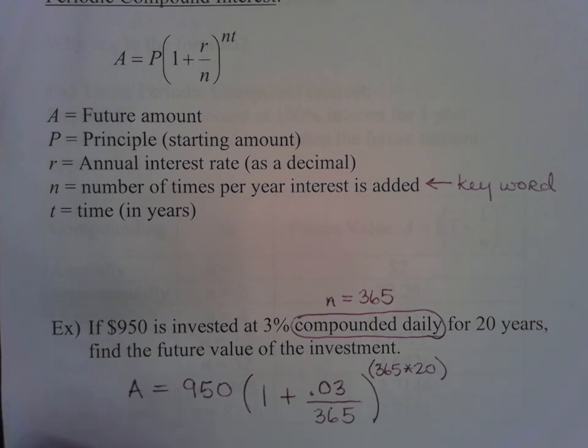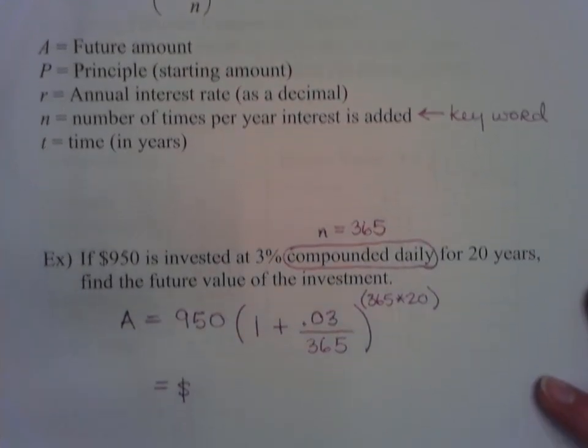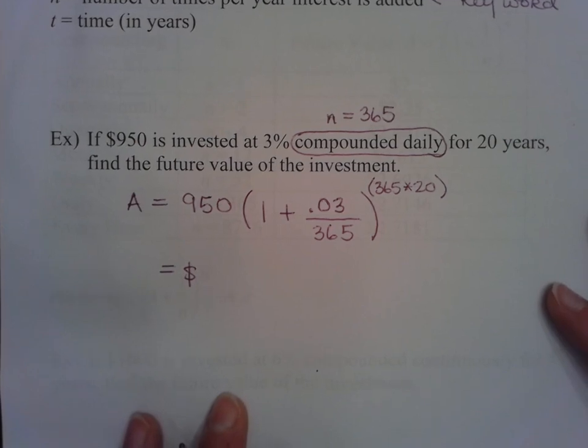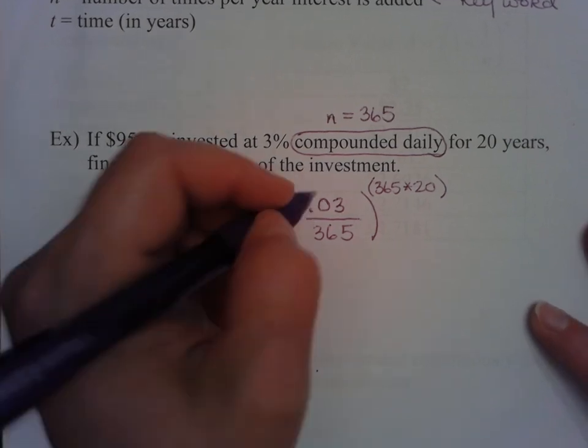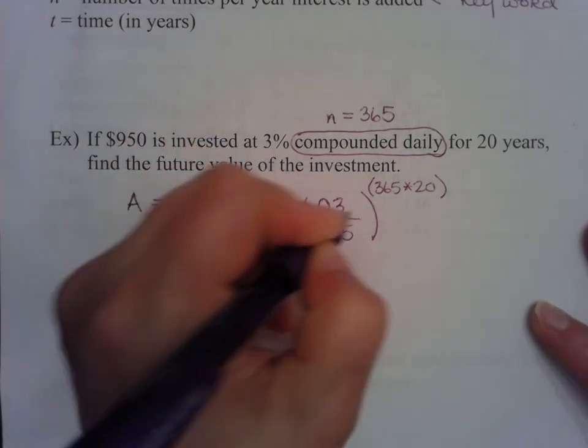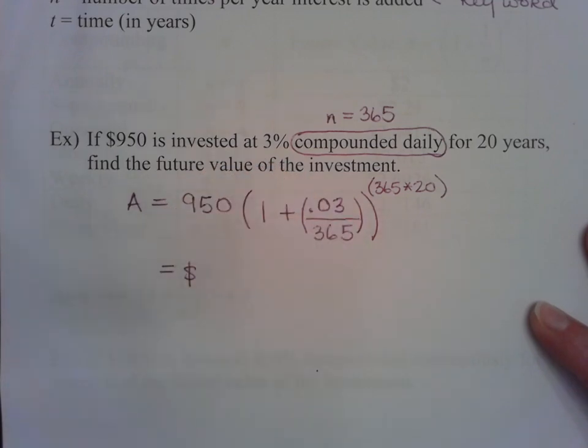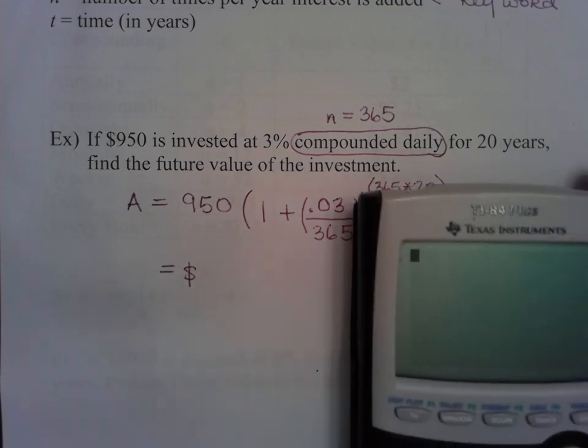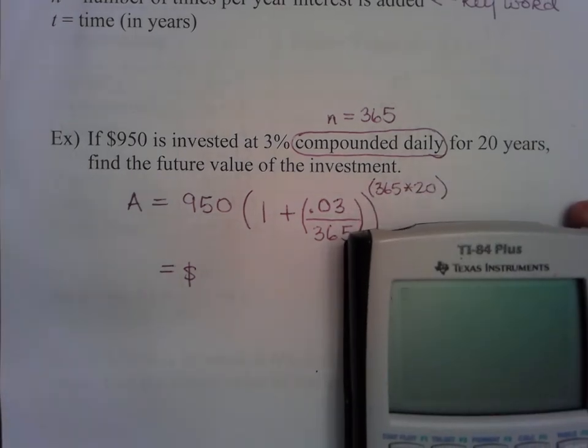Okay, so I want to calculate this. Now your calculators can do this all in one shot if you add enough parentheses. So if you wanted to put it all together in one shot, you might want to add an extra set of parentheses right there. Because I am in the habit of using a scientific calculator, I usually start by doing, from the inside, the 0.03 divided by 365.